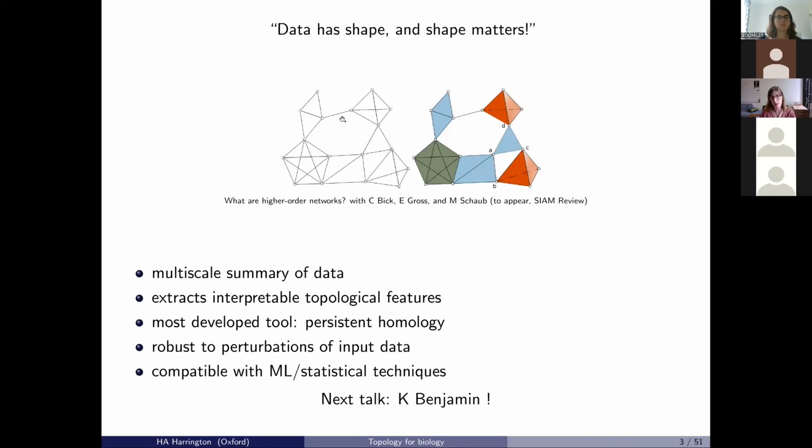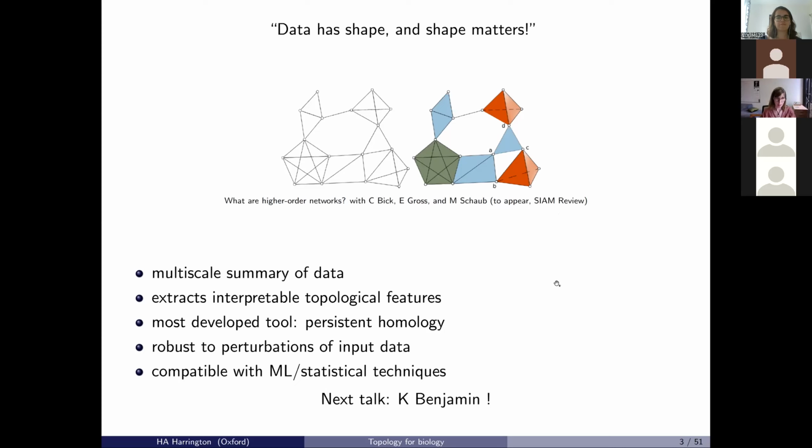So basically extending from a graph, vertices and edges, to higher order networks. You can think about this in terms of dynamics and structure, as well as statistics. In this review we discuss statistical networks and tensors. So if you're interested, have a look. It's also available on the arXiv.